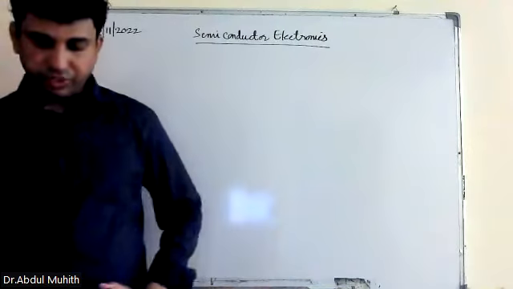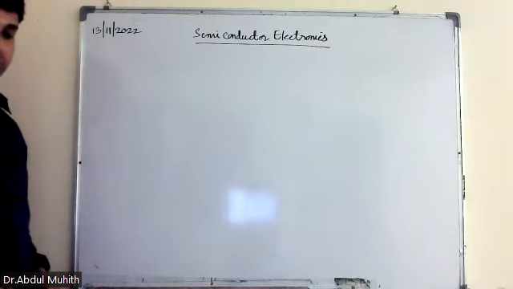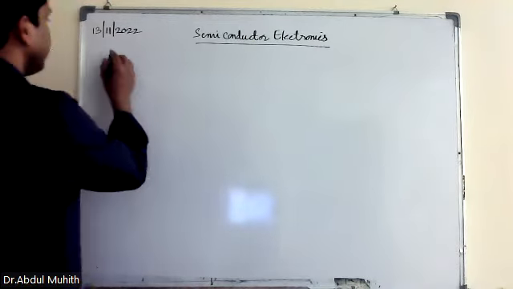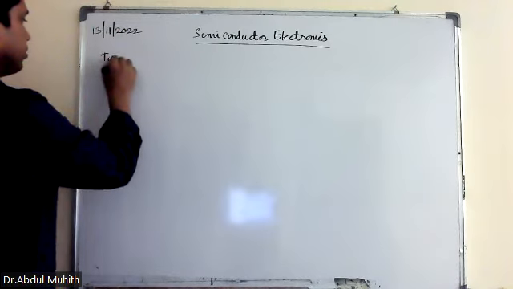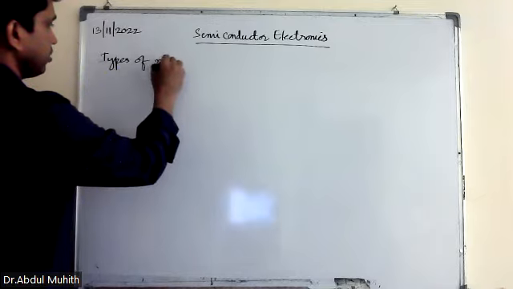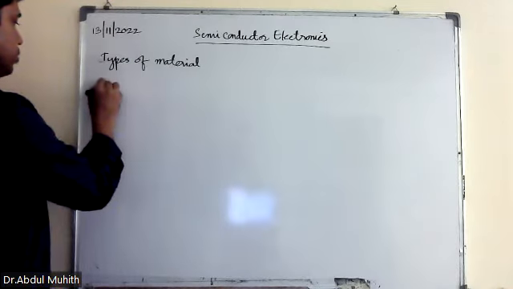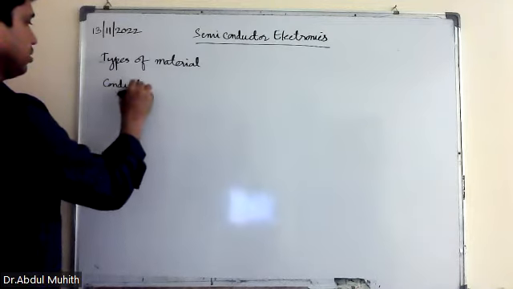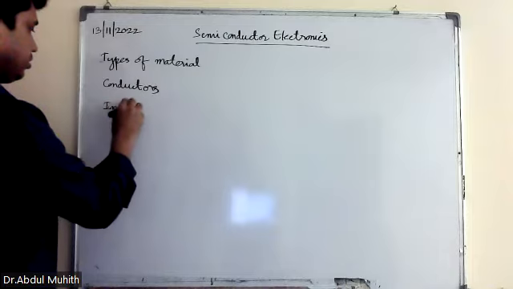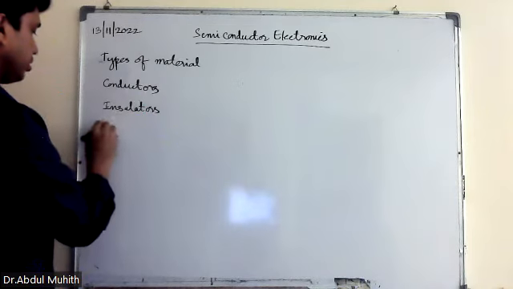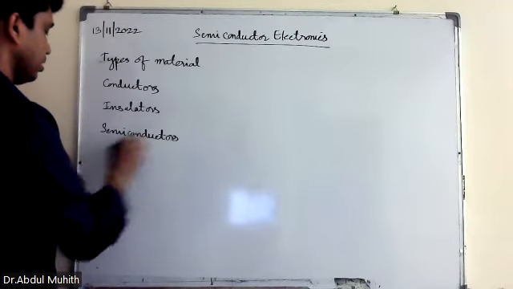Okay. We'll start with semiconductor electronics. We'll start with, first of all, the different types of material. The first one is conductors, then insulators, then semiconductors, then dielectric material.